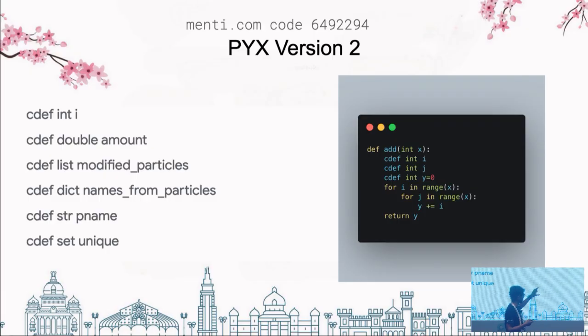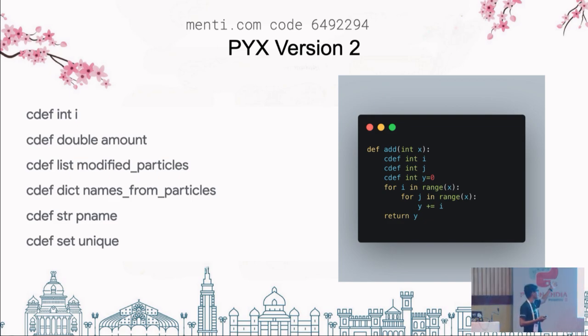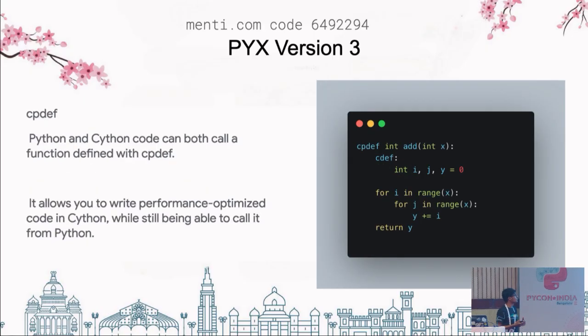So I'm trying to slowly define what things are. These are the usual Python data types we have: set, string, dict, list, double, int. We are just defining them, nothing else. Next is version 3. Can you observe the difference between version 2 and version 3? See the return type and cpdef.